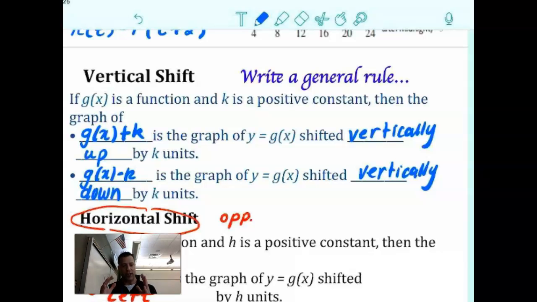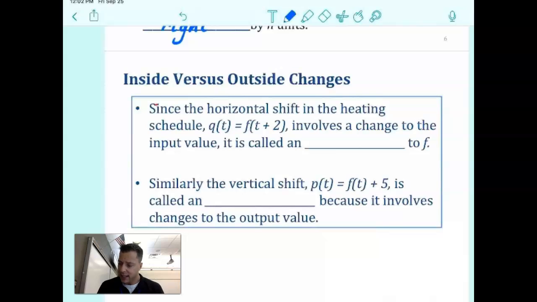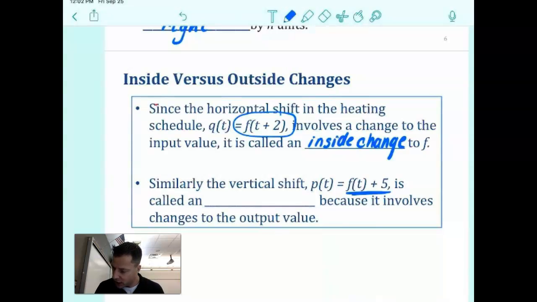That's the summary, and it's really important. That works for all of these functions: square root, quadratic, cubic, doesn't matter. Inside versus outside: if we mess with the inside of our function, we have an inside change. A vertical shift is an outside change, because we're changing the output values, the y values.